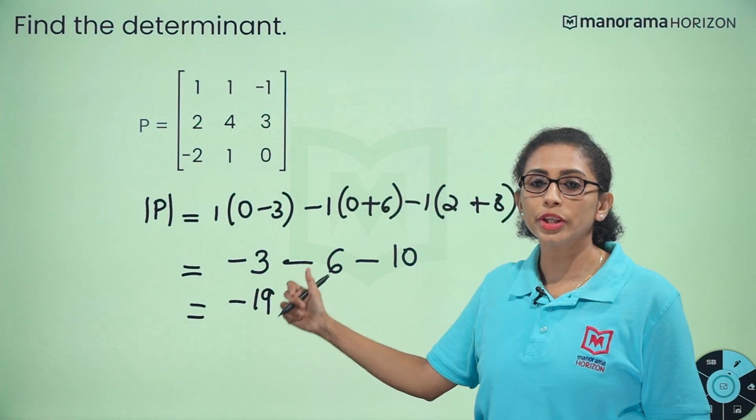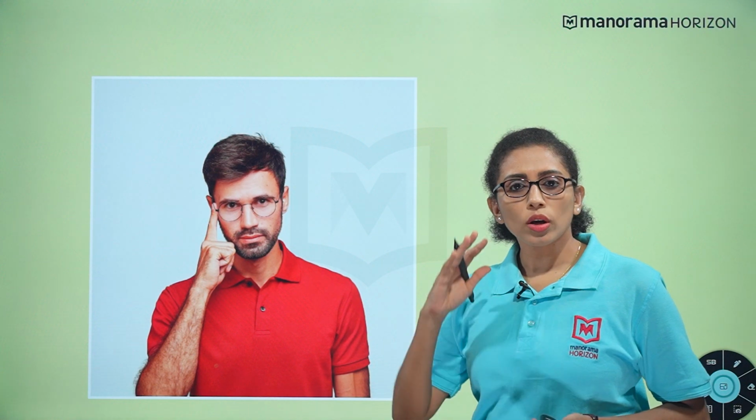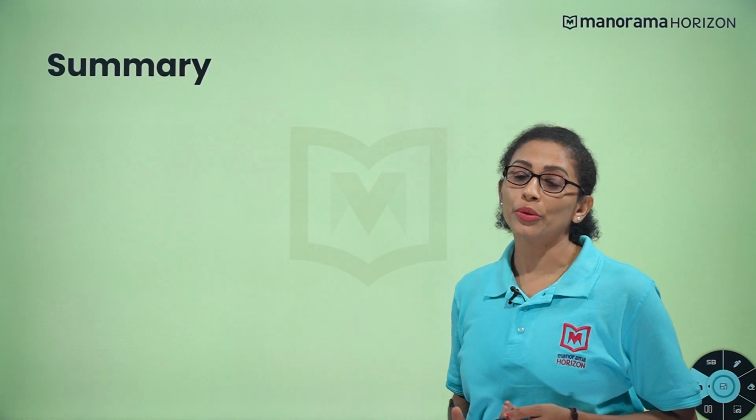So this is the determinant of P. Was this the only way to solve the determinant of a 3x3 matrix? Probably not. We will continue this further in the coming videos. Now let's do a quick recap.